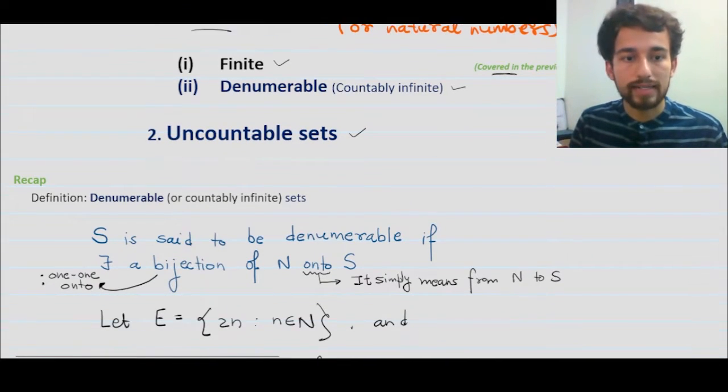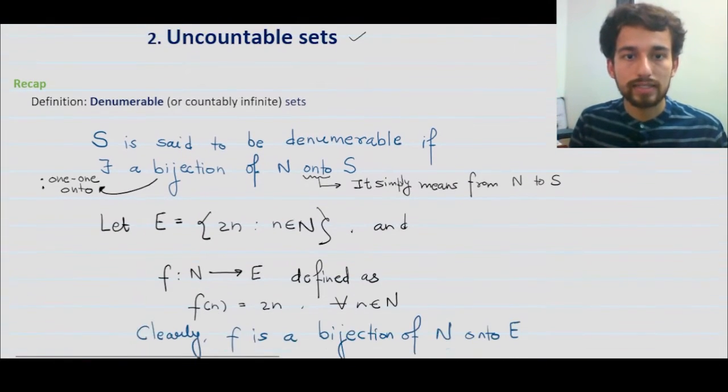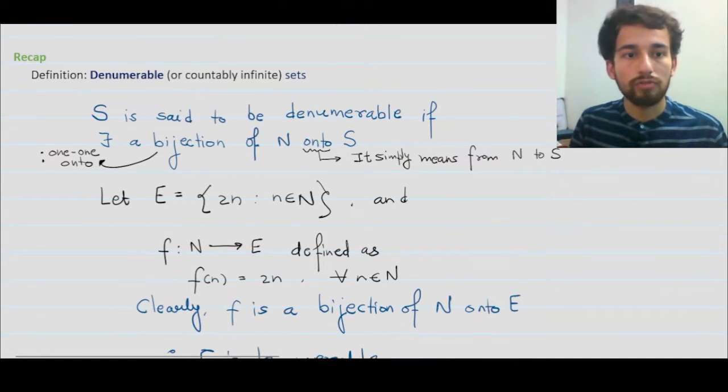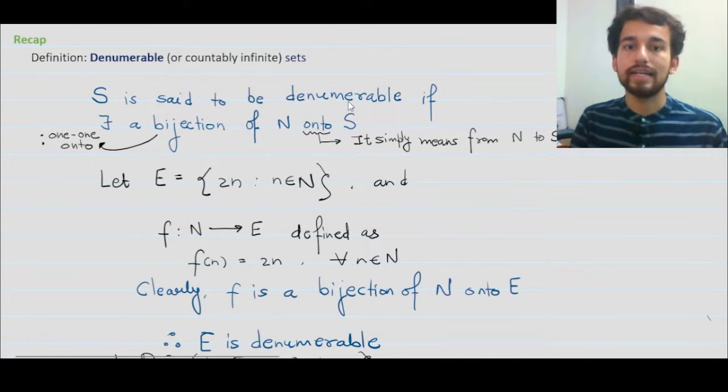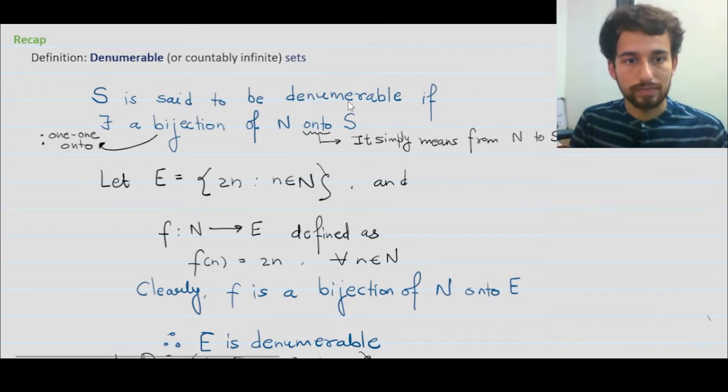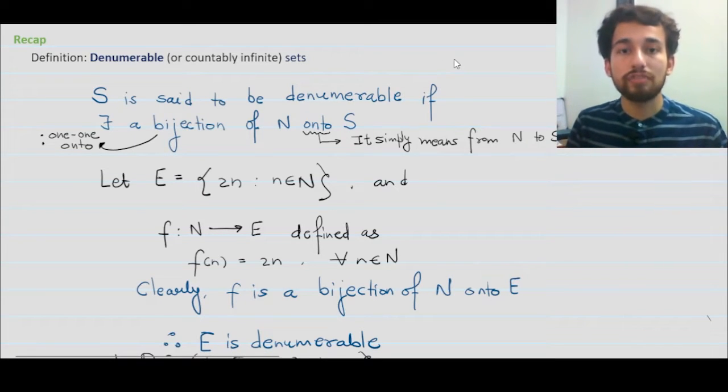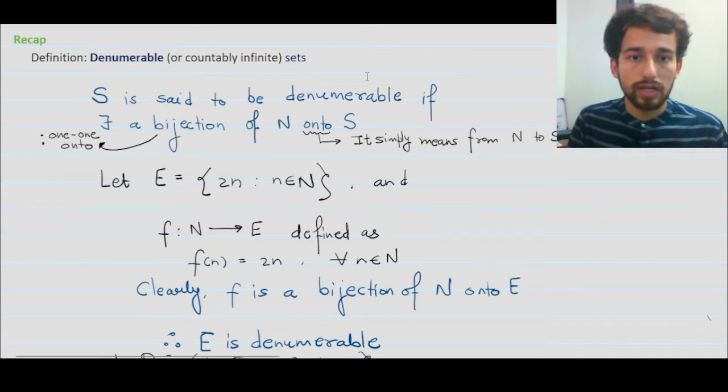Let's now move ahead with a quick recap of what I defined in the last lecture: denumerable or countably infinite sets. It was defined with the help of a bijection map, which was clearly explained in the previous lecture. What is the definition of a denumerable set?